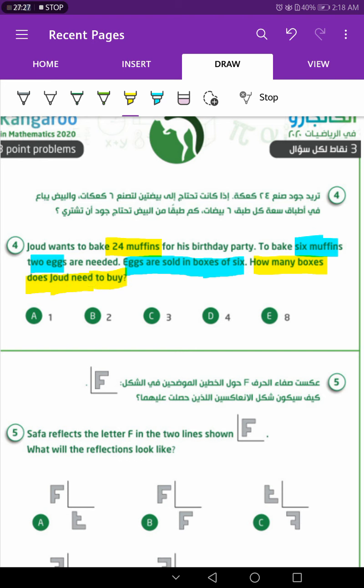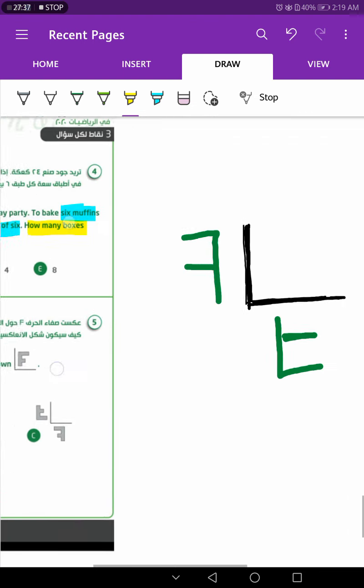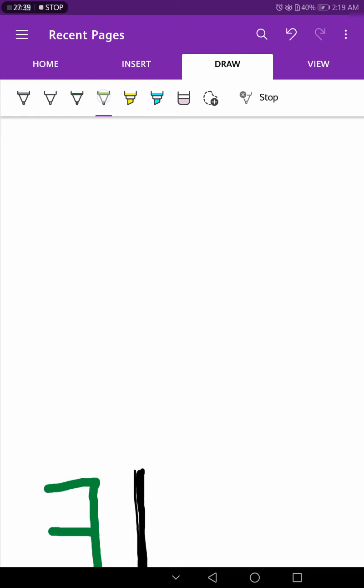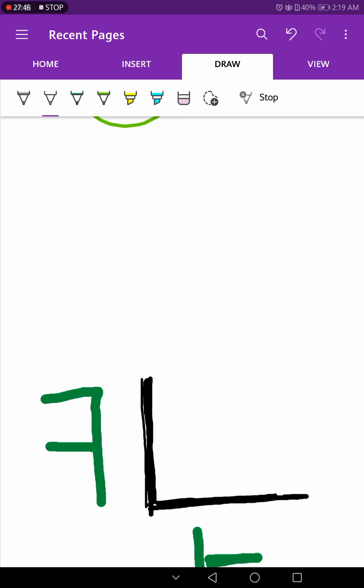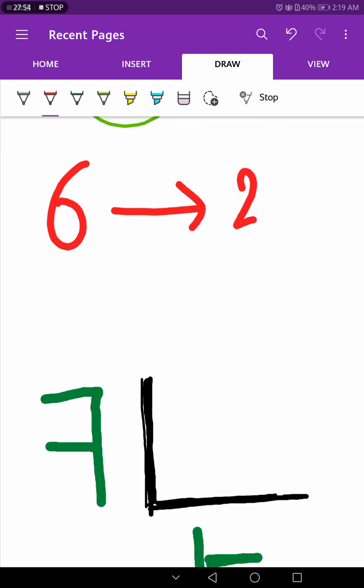Okay, now first of all we have to know how many eggs she needs. Yes, it is easy. Okay, how do I know? Okay, you said, teacher, you said she needs to bake 24. Yes, okay. And you said also 6 muffins need 2 eggs.